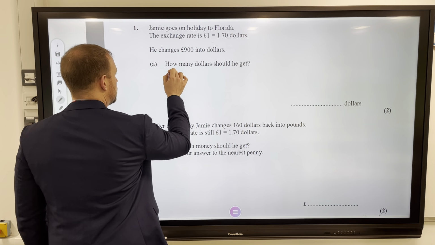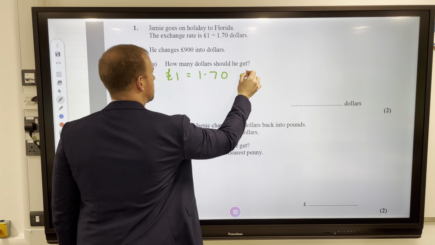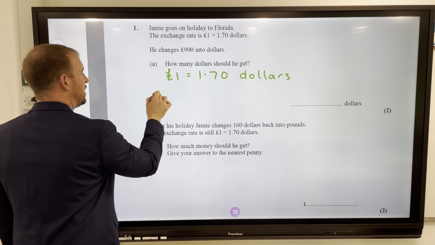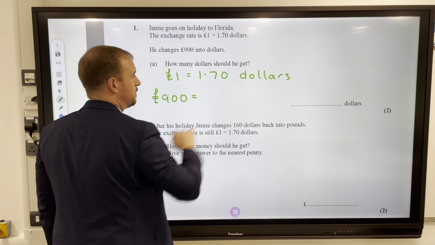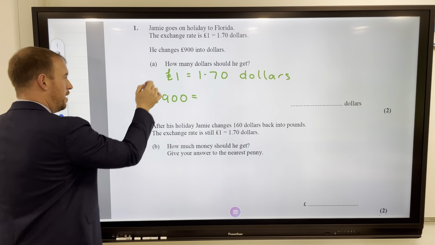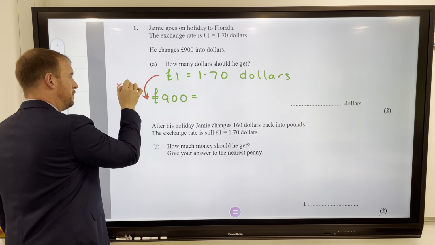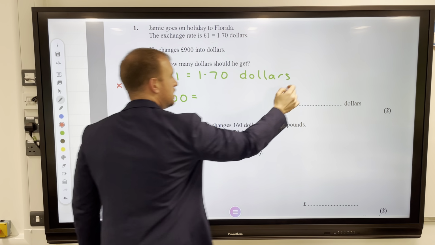So our exchange rate was £1 equals $1.7. He changes £900. To fill in this gap, our multiplier has been that we have multiplied by 900, so we need to do the same to this side.